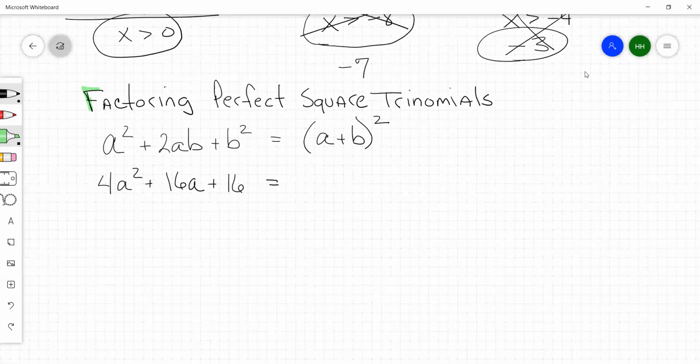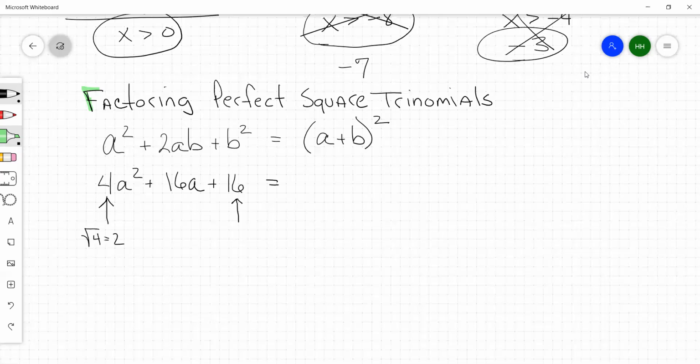Okay, if you're asked to factor a trinomial and you look at the trinomial and the number that's in front of the a is a perfect square, meaning its square root is a whole number, and the last term is also a perfect square, meaning that its square root is a whole number. The square root of 4 is 2.